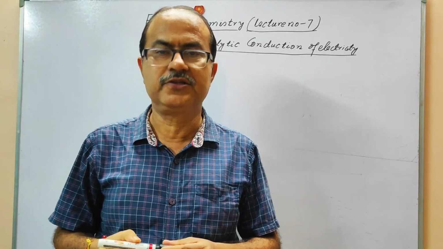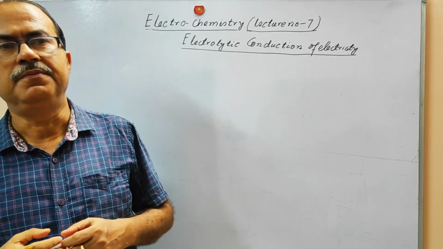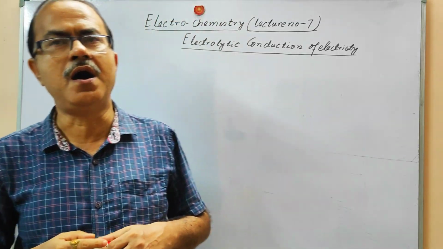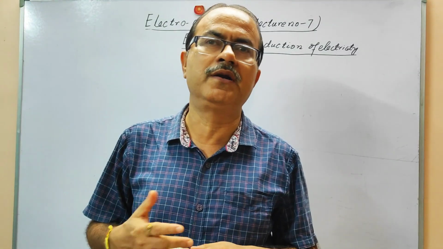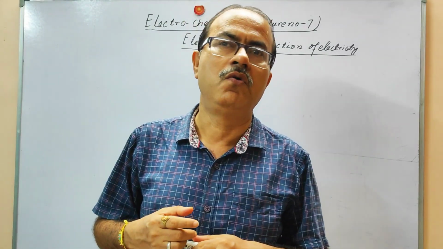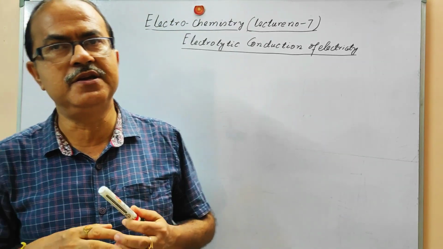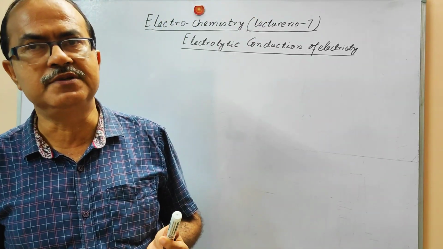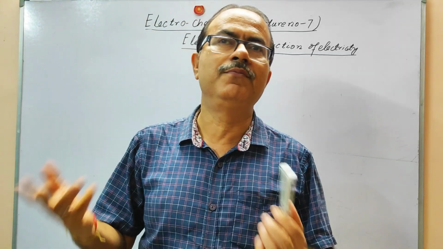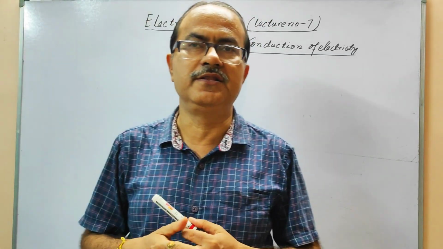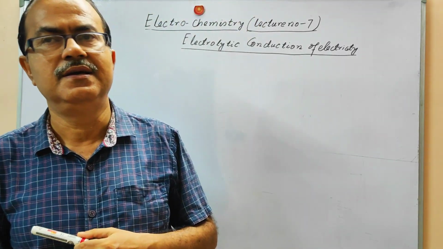So far we have discussed different types of cells in the previous lecture, and also we understood how the chemical energy is converted into electrical energy with the spontaneous redox reaction. This arrangement is called a galvanic cell. How the electrode potential has been developed, how we can calculate the cell potentials, all the things that we have discussed in the previous 6 lectures.